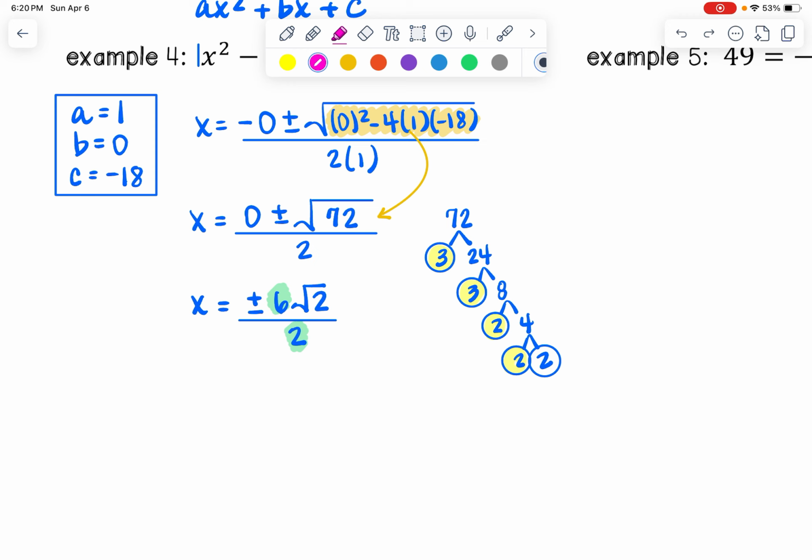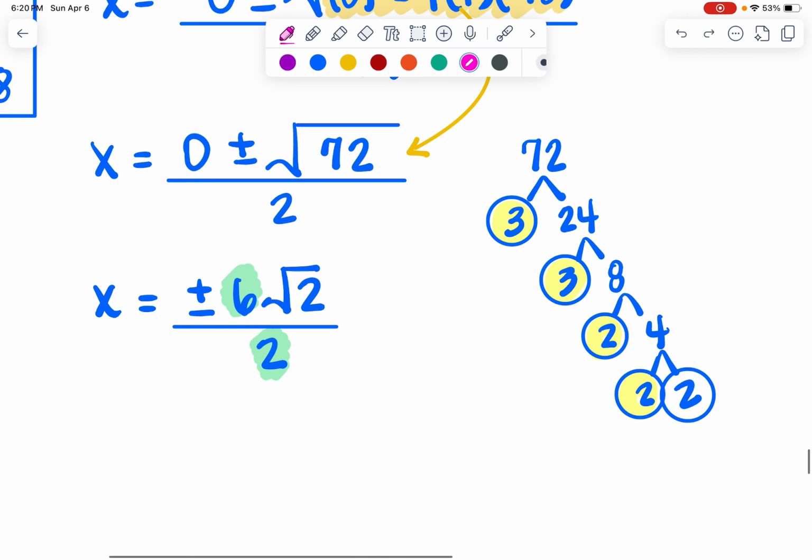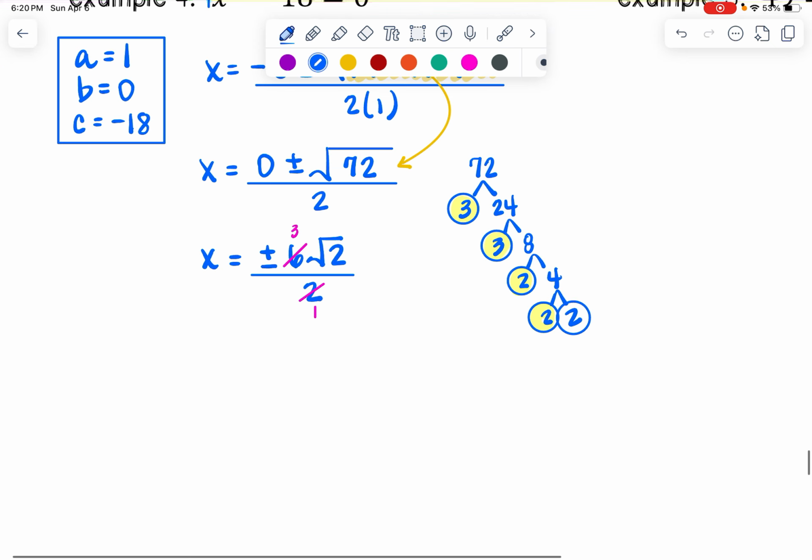So if I reduce those by 2, this is going to turn into a 3, and 2 divided by 2 is a 1. So our final answer is plus or minus 3 root 2.